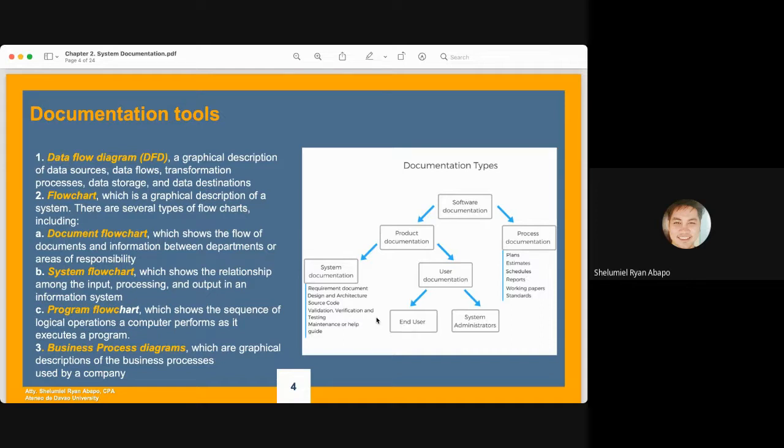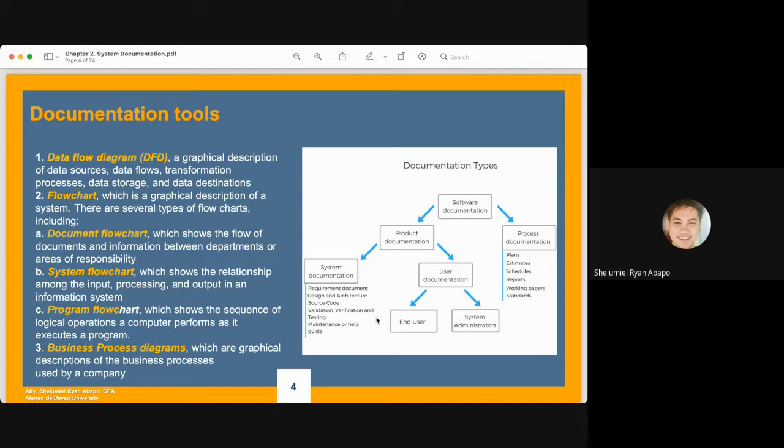The process documentation will tell us how the software was planned, the estimates that were included as to the costing of the software and how it was developed, the schedules, the reports involving the development of the software, and other working papers. All right. The product documentation, on the other hand, will include the system documentation and the user documentation.